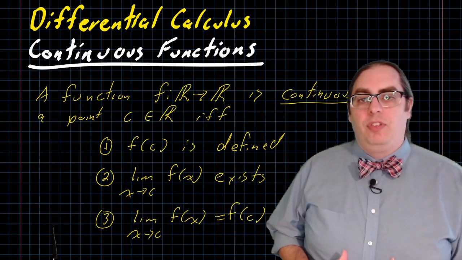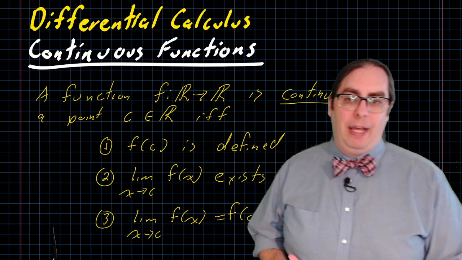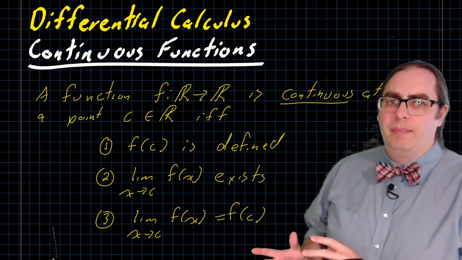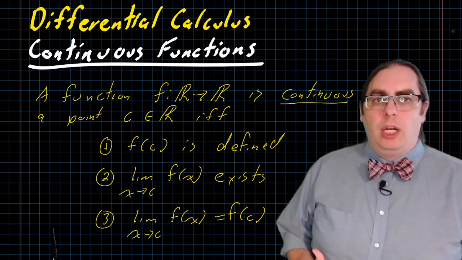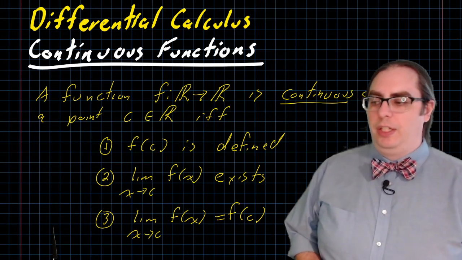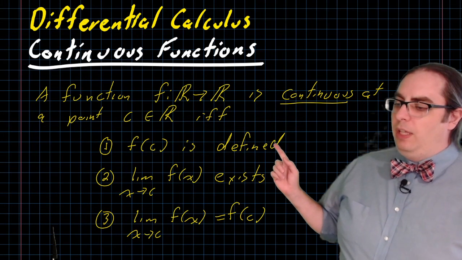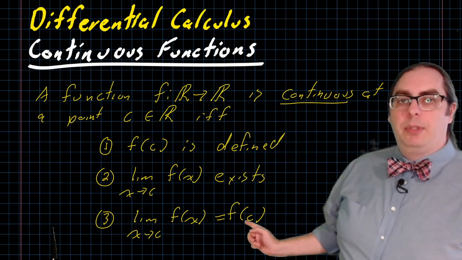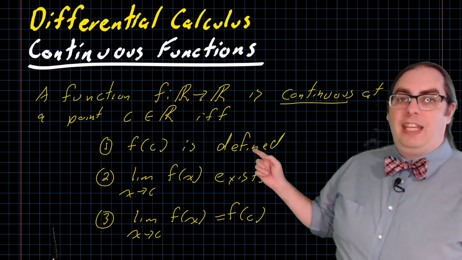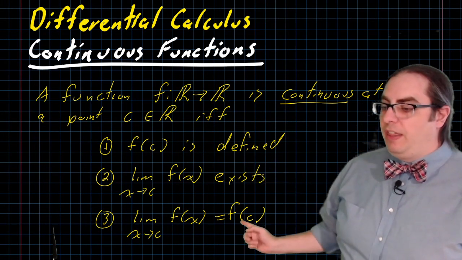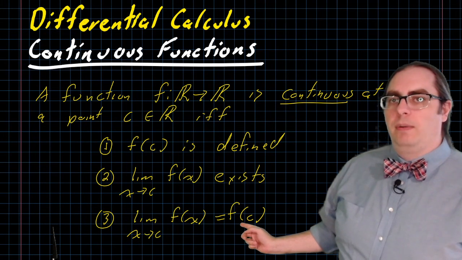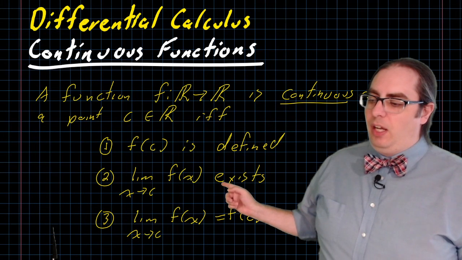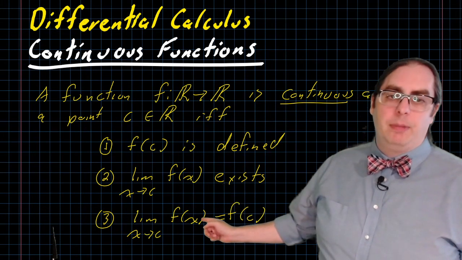In some references, especially if you look at higher level mathematics, we really only look at the third condition here. The other two are implied by that third condition, right? If it is the case that f of c is defined, then we have a number to plug in here. If it is the case that f of c is not defined, then we don't have a number to plug in here. If it is the case that the limit of f of x exists, then we have a number to plug in here.